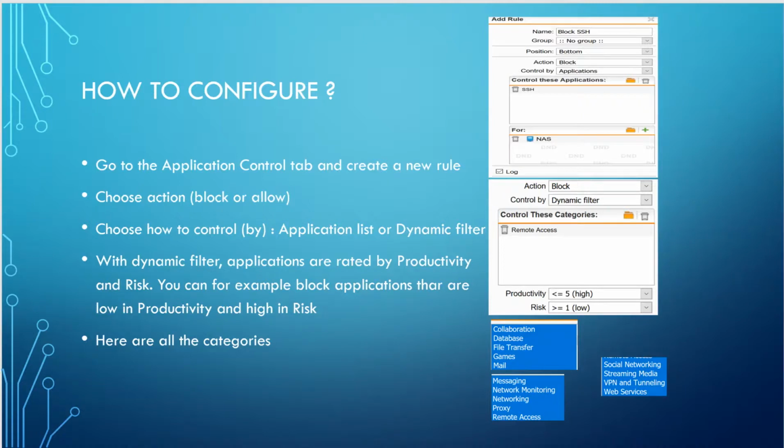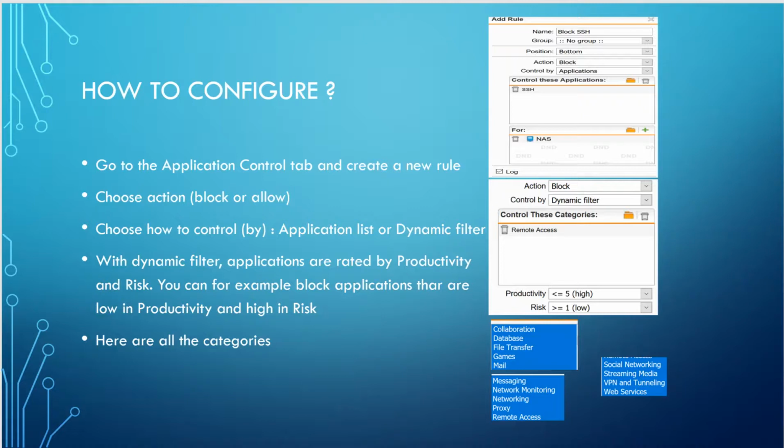And here you will select your applications that should be blocked or allowed, and for which network or host this rule should apply. Now, when we talk about dynamic filter, the applications will be rated by productivity and risk with a scale of 1 to 5.